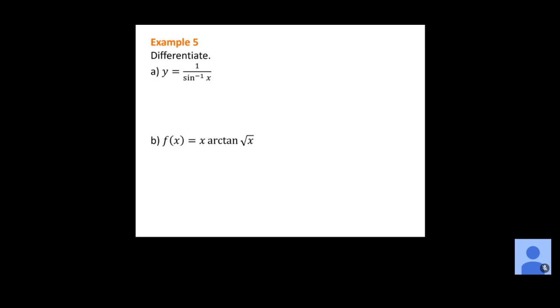So if you've got 1 over arc sine of x, what's another way we could write that? Okay, so be careful, right? It's not the same thing as sine. The reciprocal of sine would actually be cosecant, and that's not the same thing as 1 over arc sine.